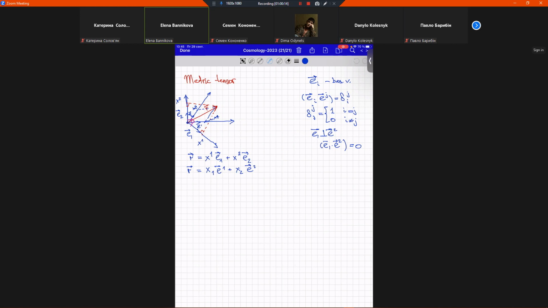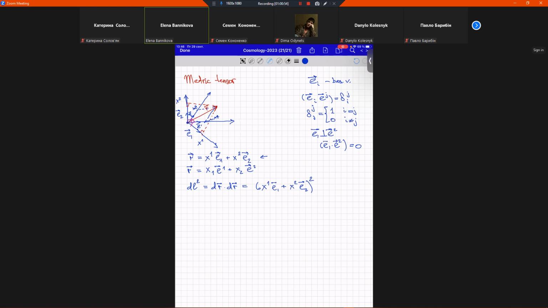We can put here dr. I want to find dl square, which I can consider as dr multiplied by dr. From one point of view, I can write it as dx1 e1 plus dx2 e2, and multiply by the same expression.